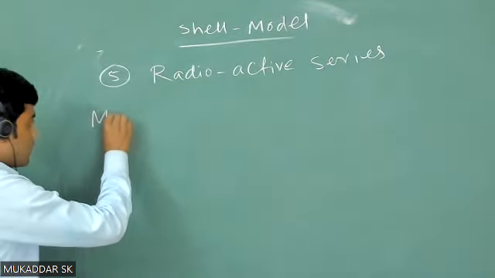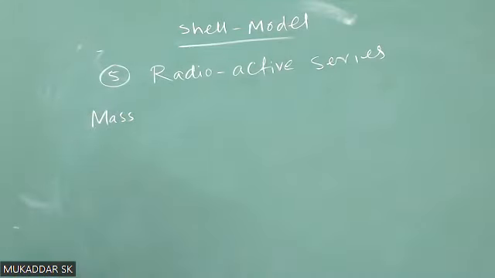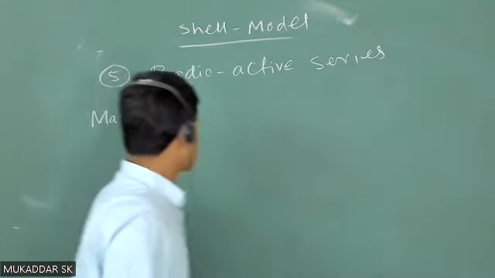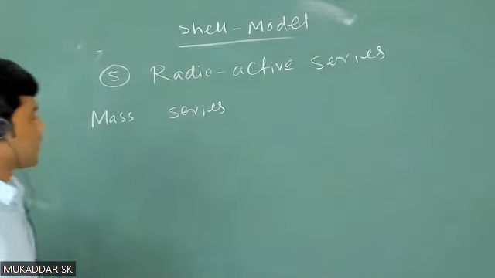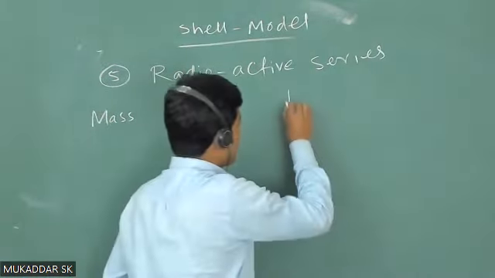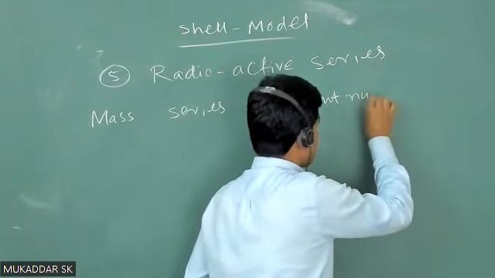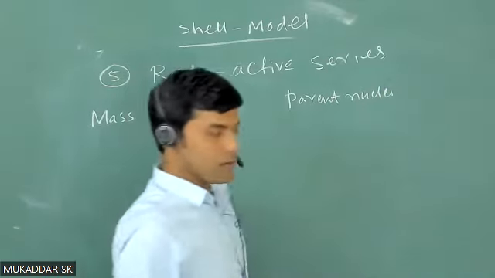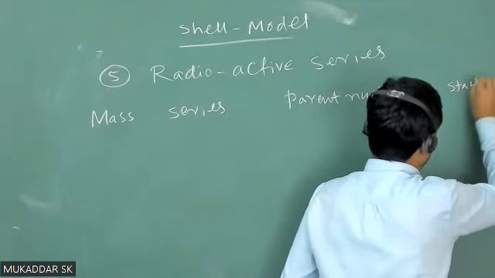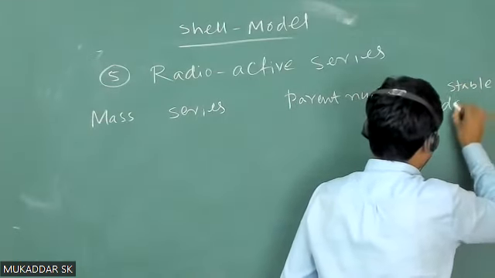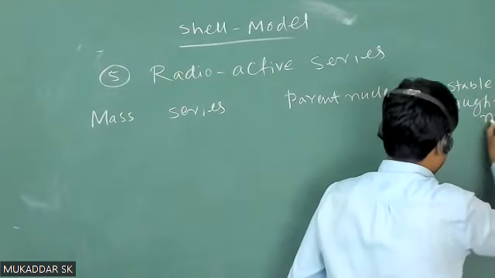I'll write their mass number, then the series name, then the parent nuclei, and the last daughter nuclei, or you can say the stable daughter nuclei.